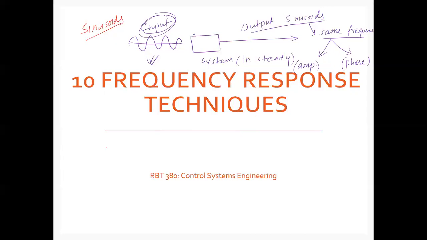Now, let's say the system is represented by the transfer function G. This is your G. Now, how do you represent the sinusoid? Let's say your input is represented like this.